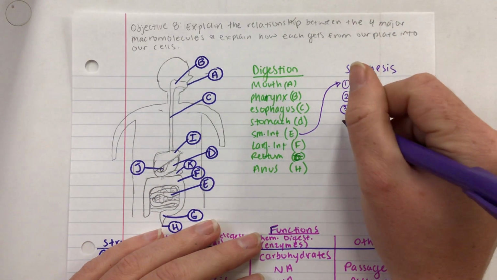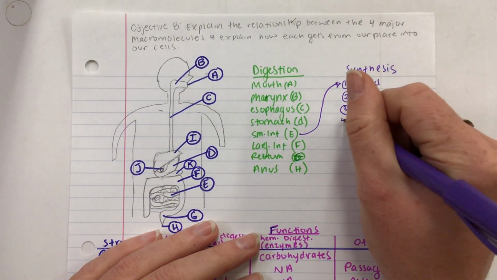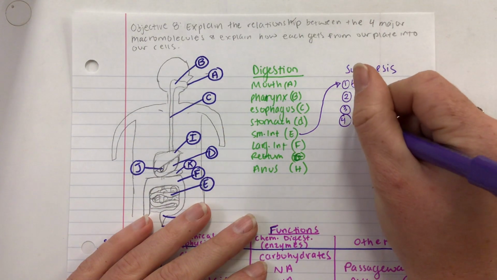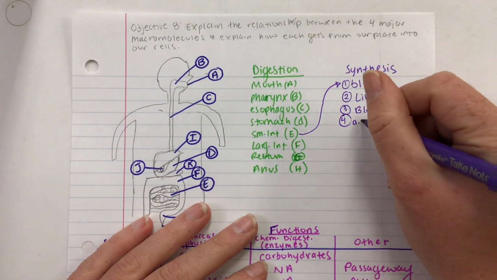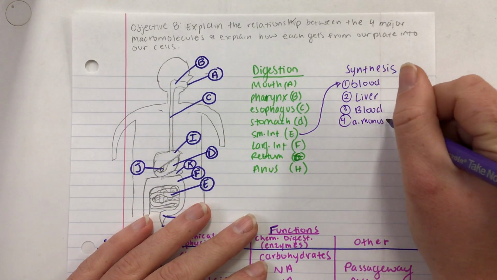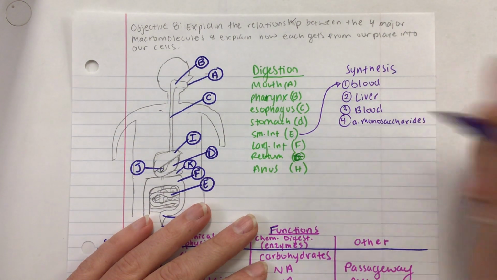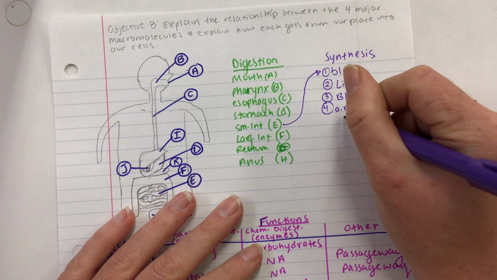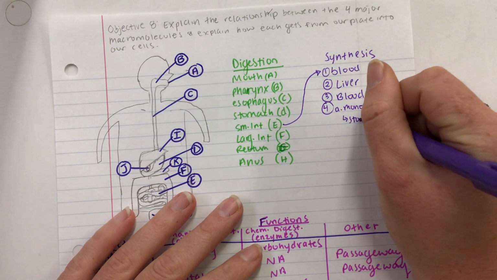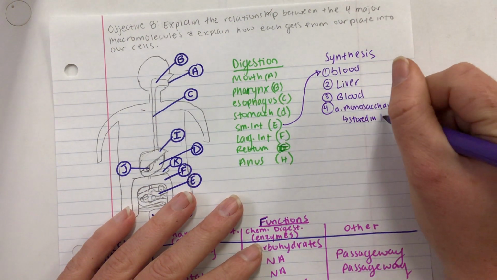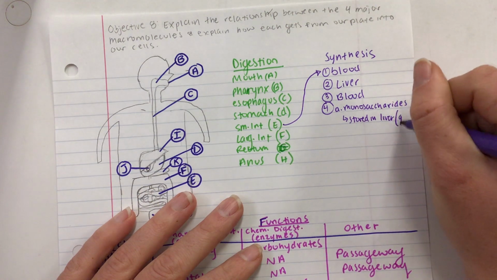For example, we could have glucose, or we could say monosaccharides, go a couple of places. Those monosaccharides could get stored in the liver as glycogen.